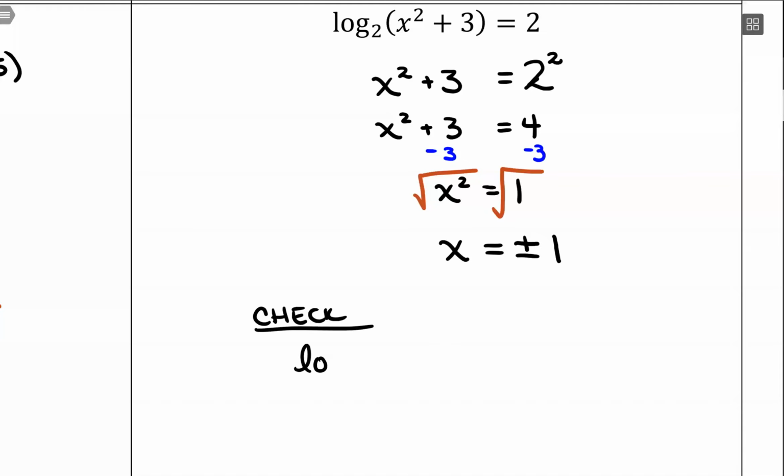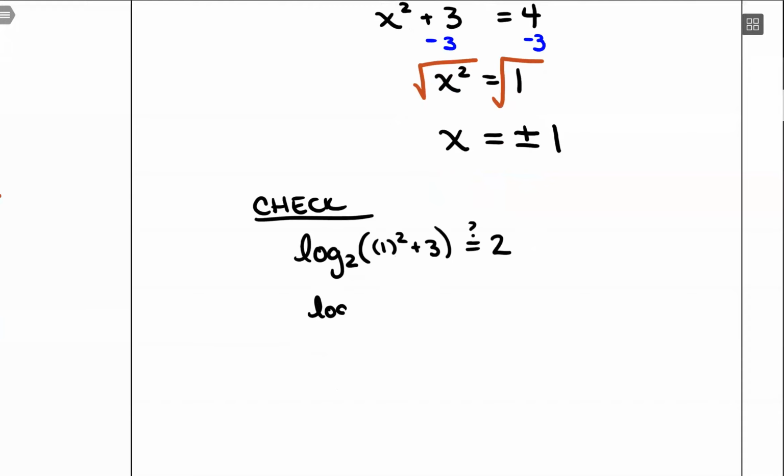So we're taking logarithm base 2 of positive 1 squared plus 3. And is that equal to 2? So this is logarithm base 2 of 1 plus 3, which is 4. And we could do this without a calculator, because again, the logarithm is saying what exponent do we need on 2 to get 4 out?